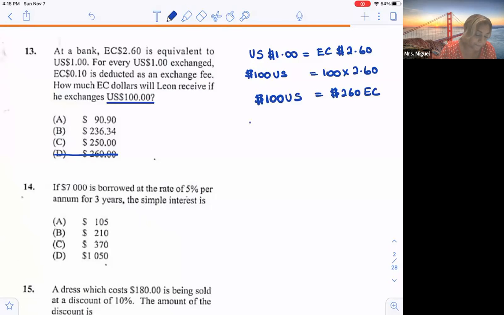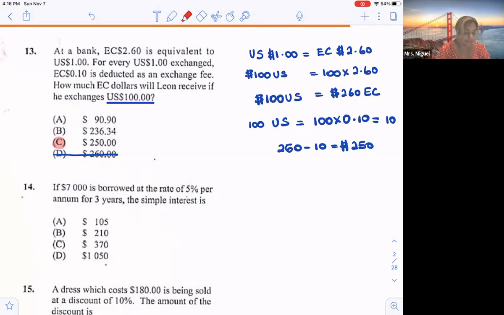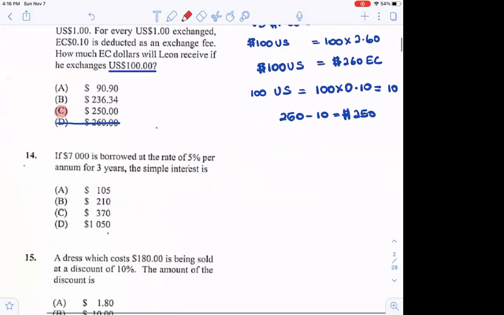So for 100 US, he will pay 100 multiplied by 10 cents, which is $10. So Leon will get $10 less. So Leon will get, after the conversion, $250. Do you all understand that? Yes, miss.